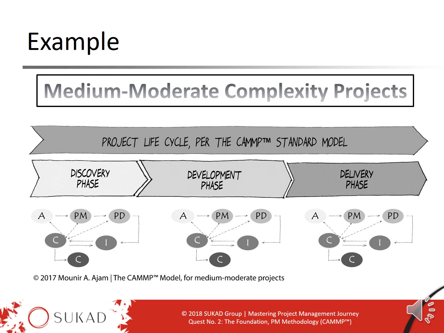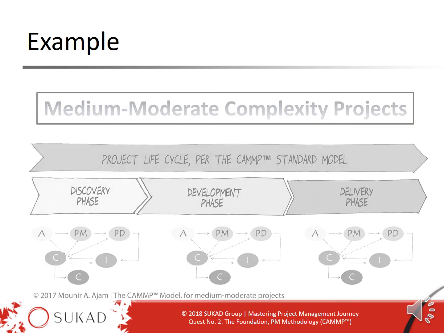In other words, each phase is like a mini project. However, because it doesn't fit the definition of a project, we call it a phase. But it needs to be managed with these 6 processes. So at the project level, we manage across the project life cycle, and at the phase level, we use this. But again, this is for medium to moderate complexity projects.